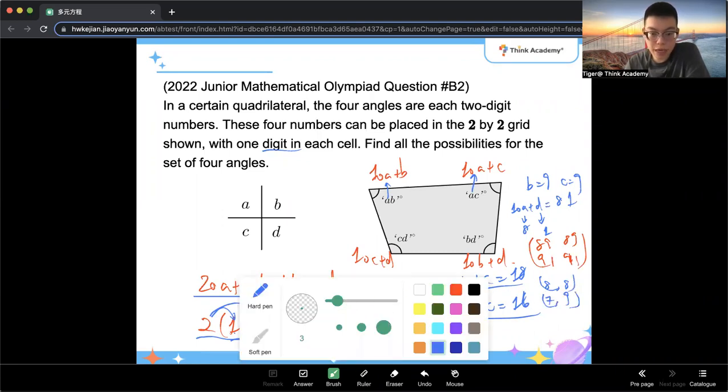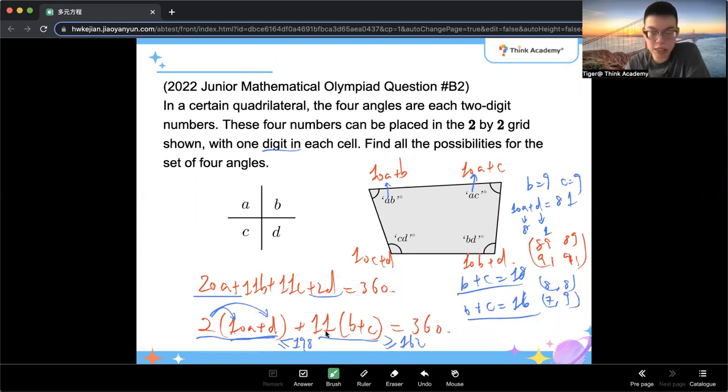Now, if they add up to 16, it means that it's 176 for 11 times 16. And then what we have remaining is going to be 184. So 2 times 10A adding D is 184, which means 10A adding D is going to be 92.